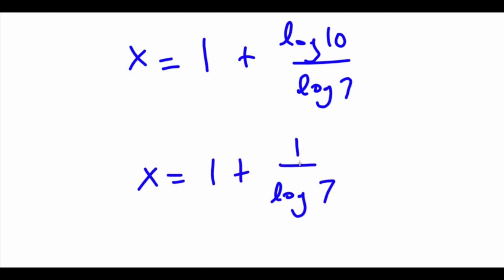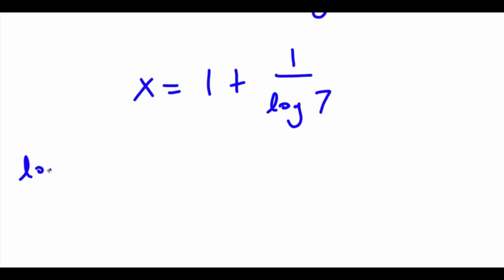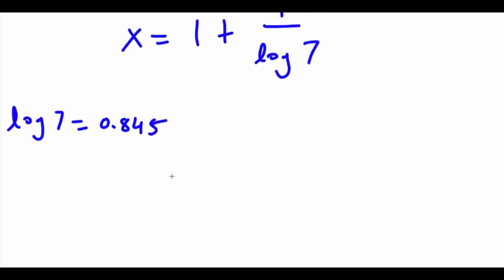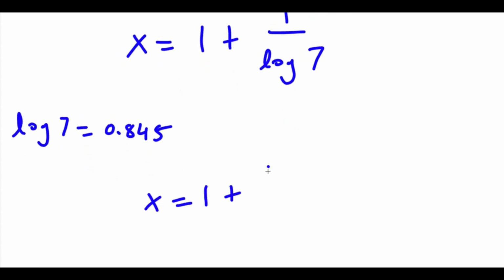Now log 7, you can actually find the value of this on a calculator. Log 7 is equal to 0.845. So now I have x is equal to 1 plus 1 over 0.845.